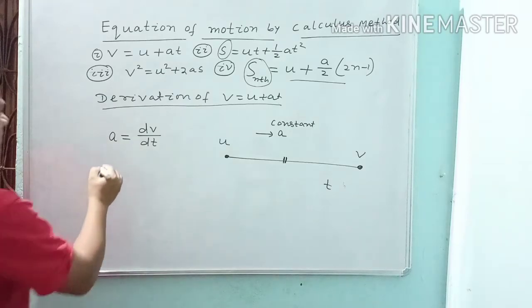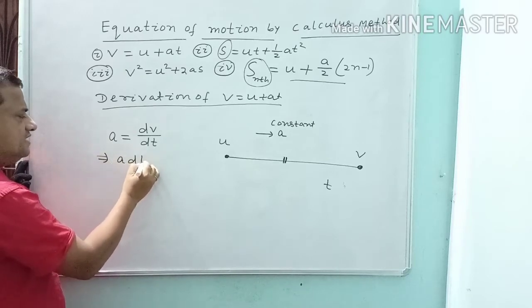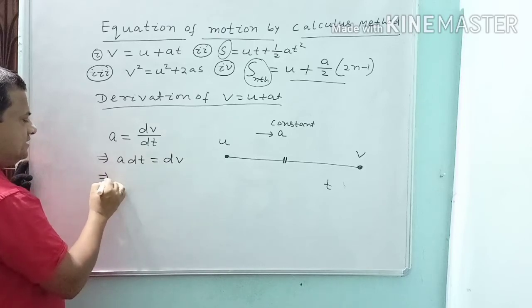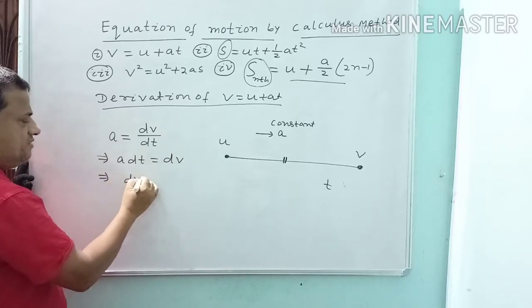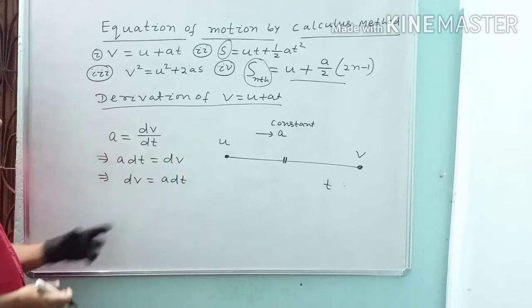So that implies A into dt is equal to dv. You can write dv is equal to A into dt. What does it mean?